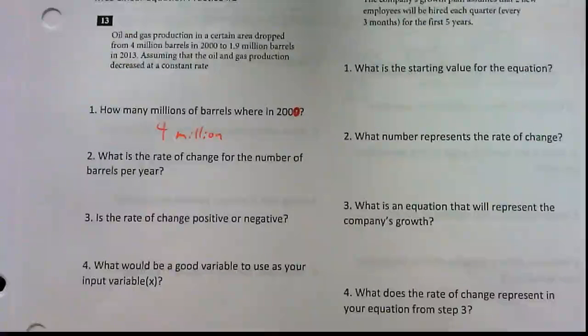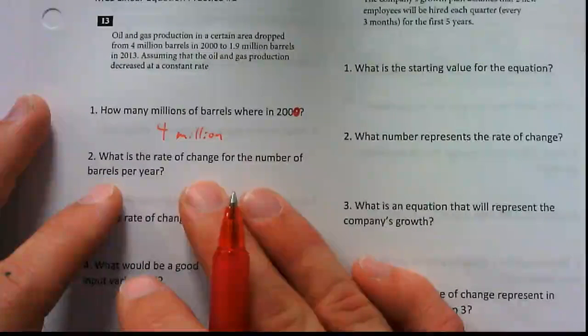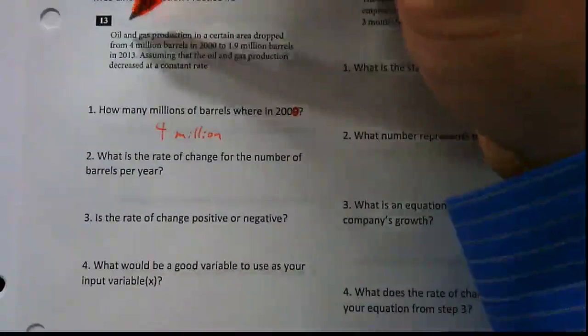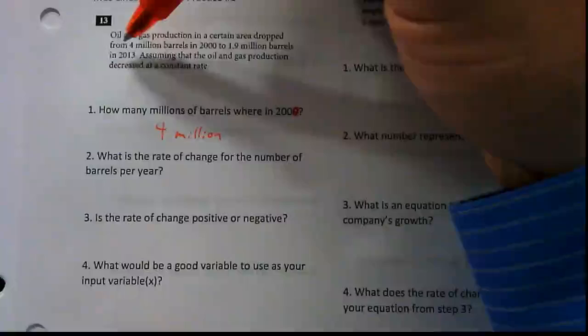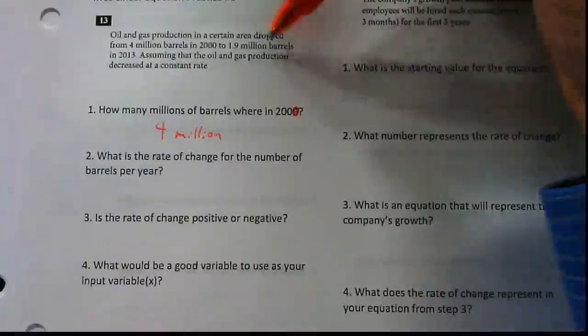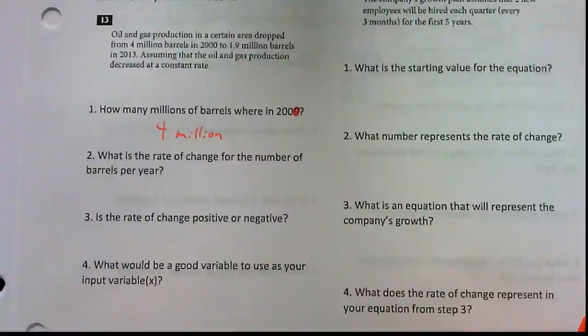What is the rate of change for the number of barrels per year? So, on here, in order to see the rate of change, we need to compare the different values. Well, let's see. It dropped from 4 million barrels in 2000 to 1.9 million barrels in 2013. All right. So how much did it drop by?